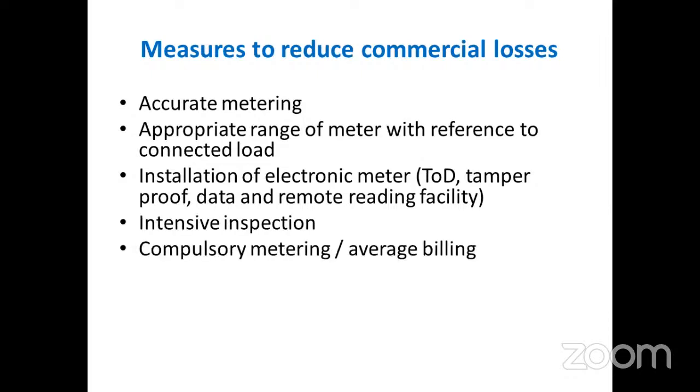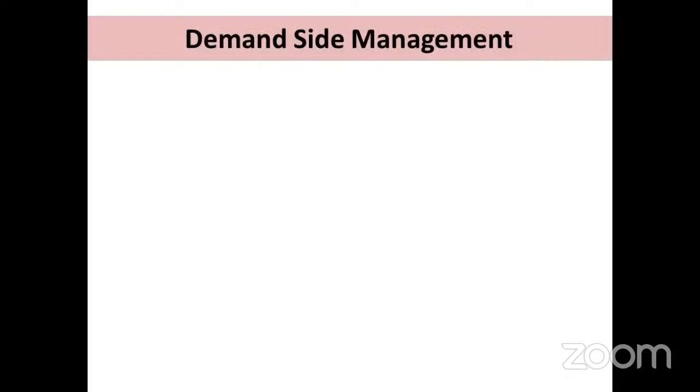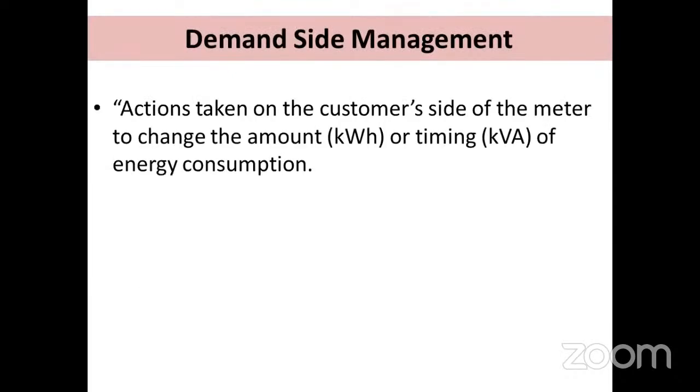Intensive inspection, compulsory metering, average billing, use of energy audit as a tool to pinpoint areas of high loss. All these things will reduce commercial losses. Eradication of theft. Demand side management. What is that demand side management, sir? Actions taken at the customer side of the meter to change the amount of kilowatt hour or timing of energy consumption.